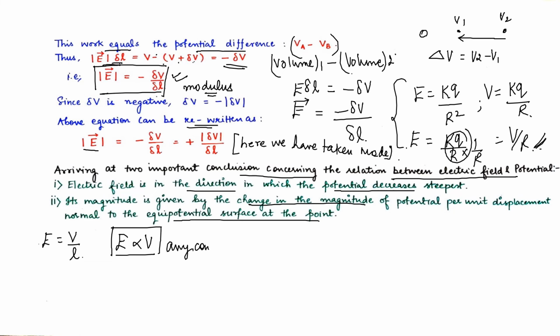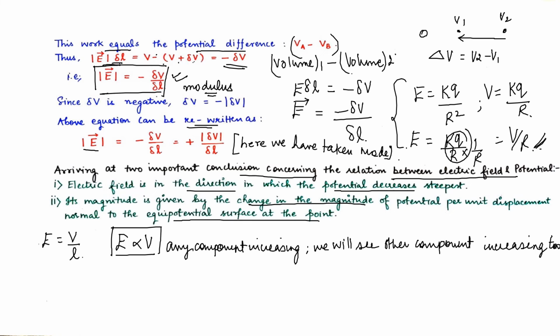So what basically is happening, E and V are proportional to each other. Any value increasing will increase the other value too. Okay, now the other relation which we find is E upon del L, that is inversely proportional.